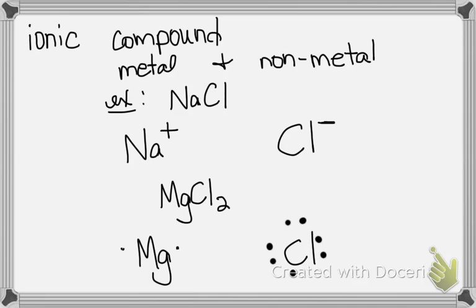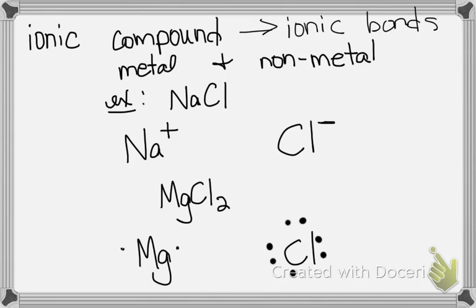Now, what kind of bond are we talking about here? Yes, these are ionic compounds, and we know that. But what kind of bond is it? Ionic compounds have ionic bonds. That's pretty easy. So what does that mean for a bond to be an ionic bond?